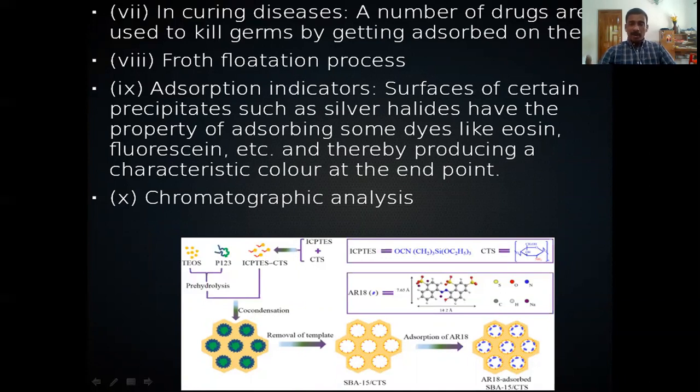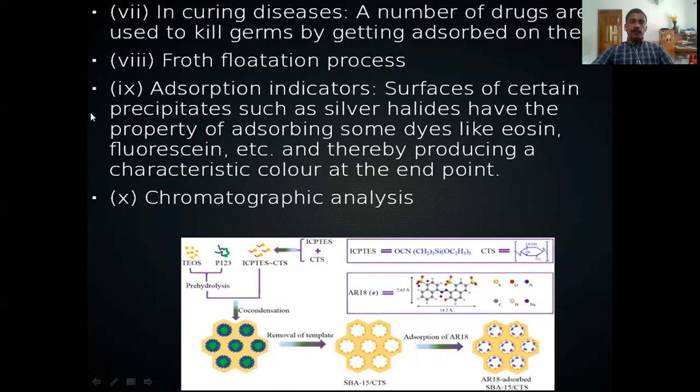That is by adsorption. Here in this figure, you can see an example. Adsorption of medicine on the germ. Details, we don't want it in details. It's just to understand. This figure is shown in order to understand the adsorption of medicine on germs.